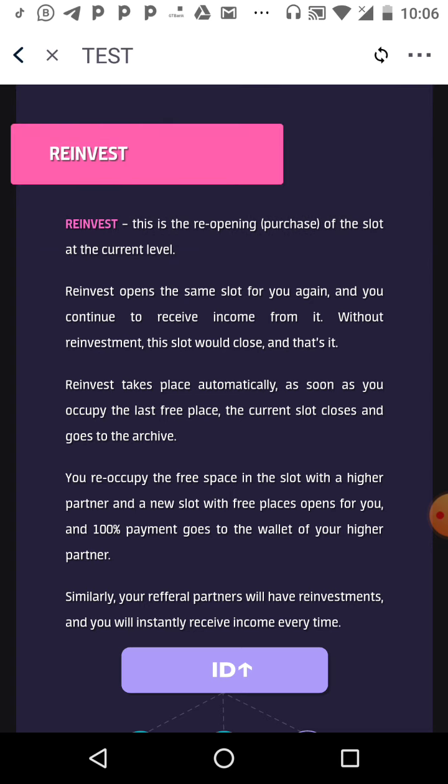If you don't reinvest, it will close and you will not earn anything from that slot. Reinvest takes place automatically as soon as you occupy the last free places. The current slot closes and goes to the archive.